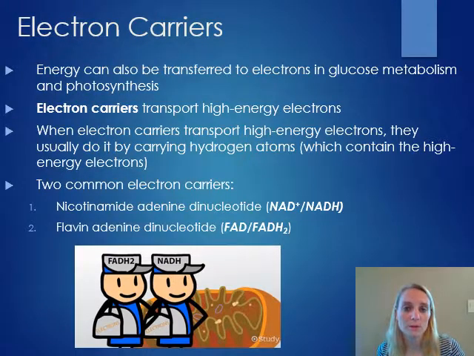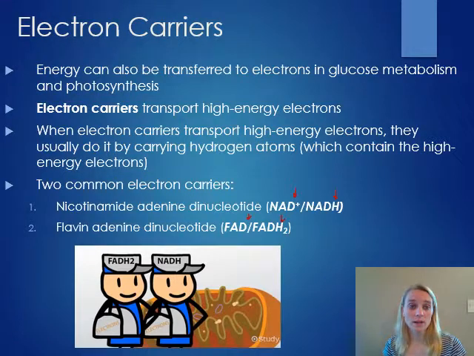We're just going to use its abbreviation, FAD and FADH2. Now, if you'll notice between these two electron carriers, they are missing H's in the NAD+ and the FAD form. When they are the electron carriers, we'll see that they now have H's.